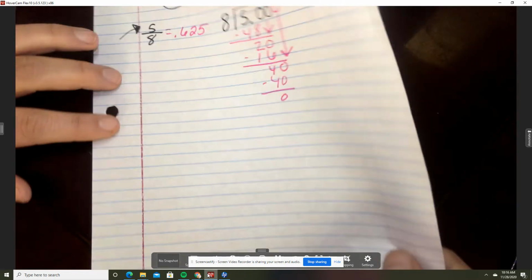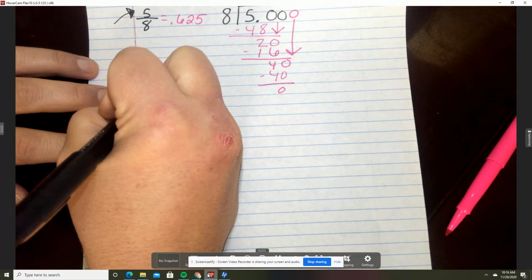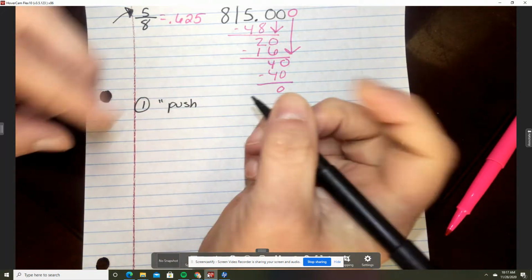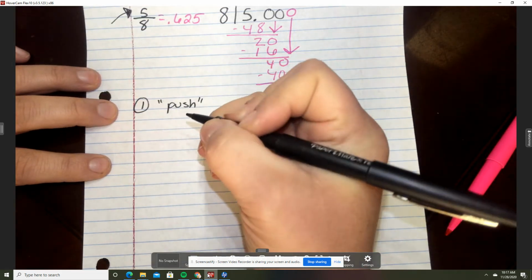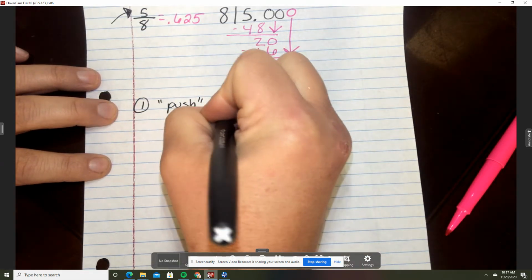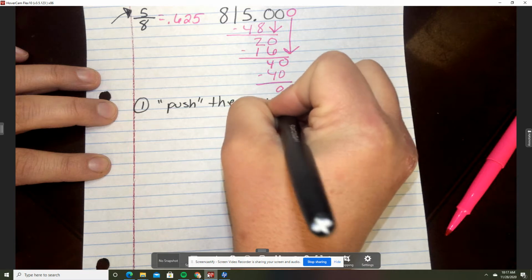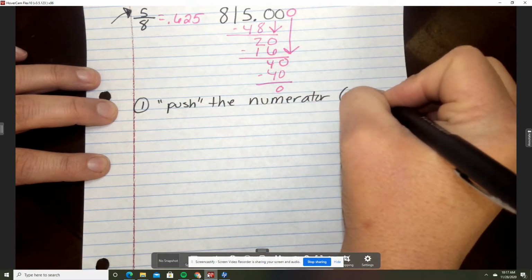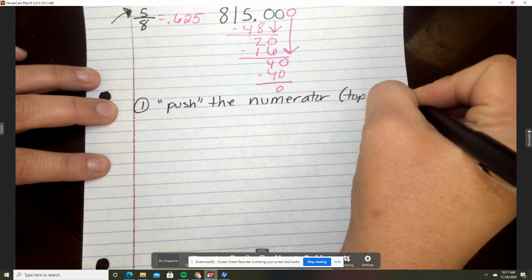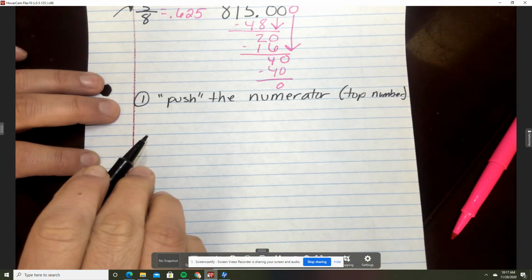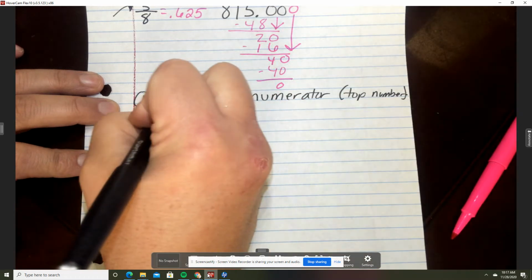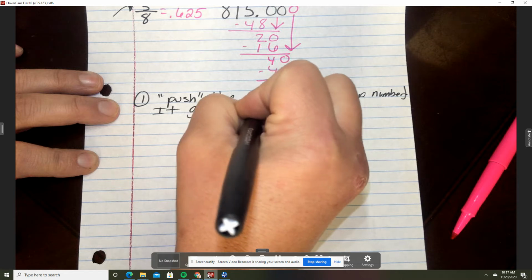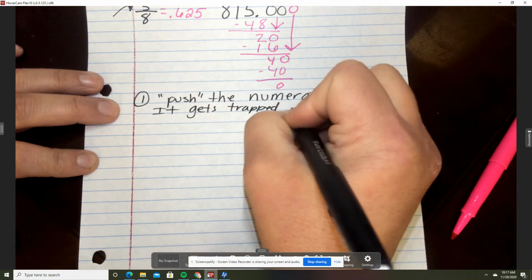So let's write down the rules to this, just so we have them. Number 1, you're going to push the numerator, which is the top number. It gets trapped in the box.